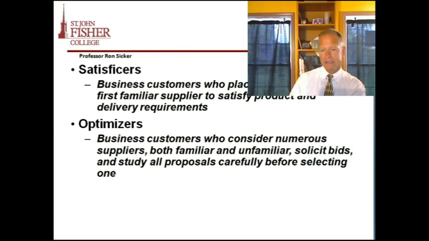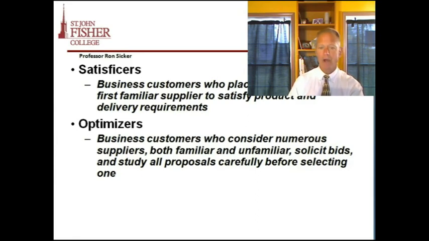So within the B2B market, there's really 2 types of buyers that have the buying process. One is satisficers and one is optimizers. Satisficers, generally speaking, are those companies that buy when their needs are met. The first company that comes along, they place an order with, the first company that has the product that they need at the price that they need at the delivery that they need.